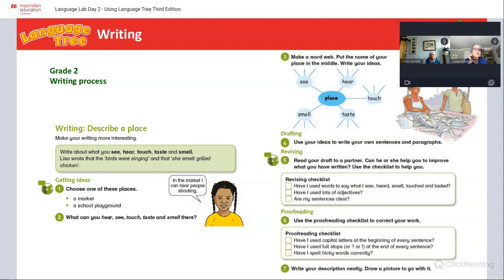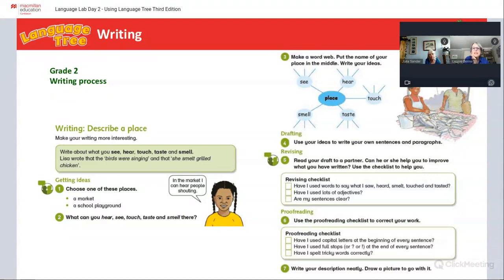And here's the writing process at grade 2, where it's supporting students through the stages of descriptive writing. Again, the first stage is getting ideas, where students talk, and again, we've got pair work. Students talk about the place they've decided to describe.